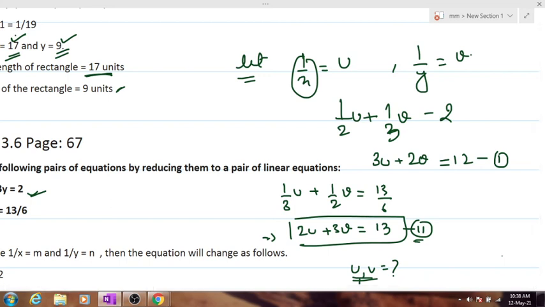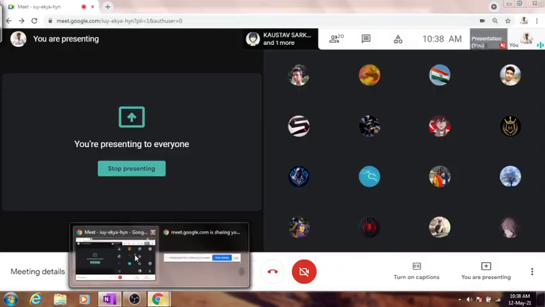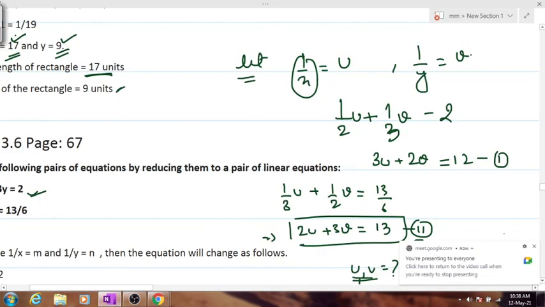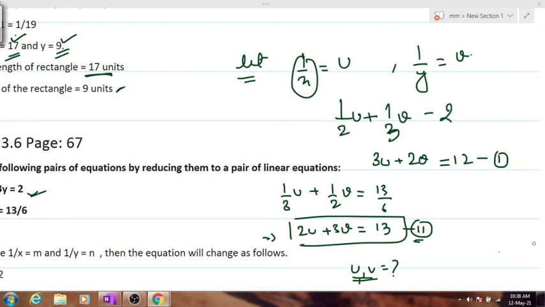Hurry up, Mayuk. I hope everybody understood it. Gopal, answer. Sir, solve this. How much is the value for u and v first? Tell me.